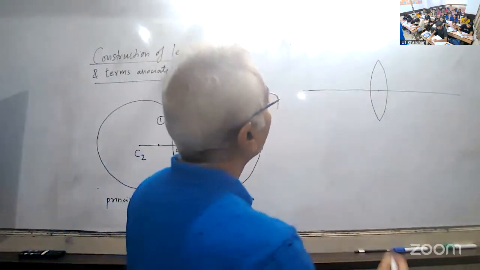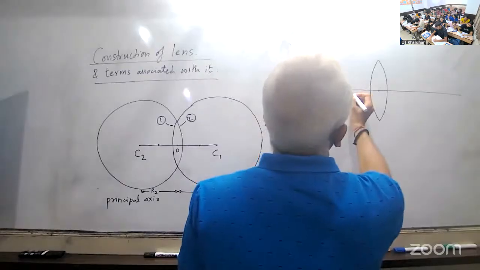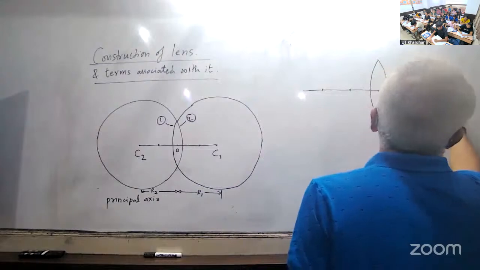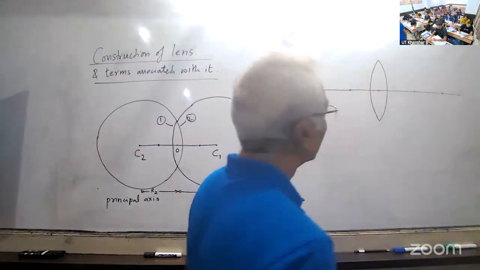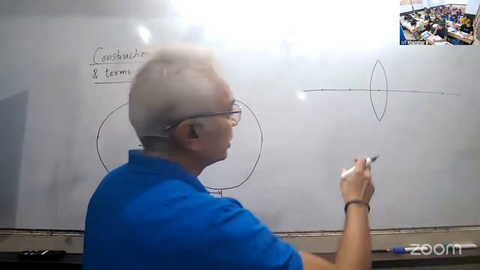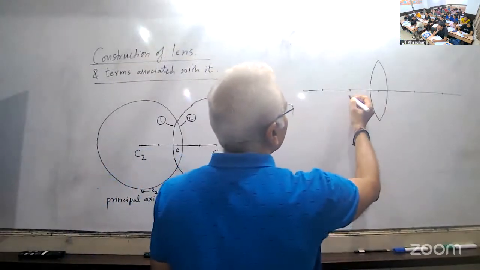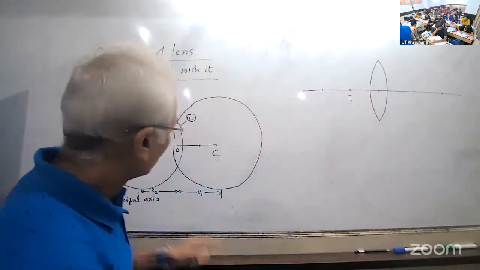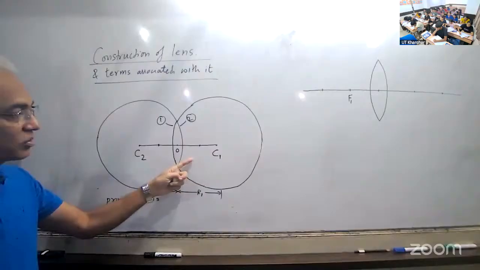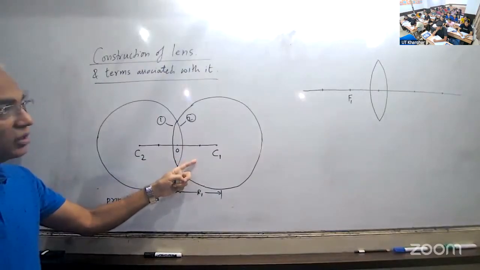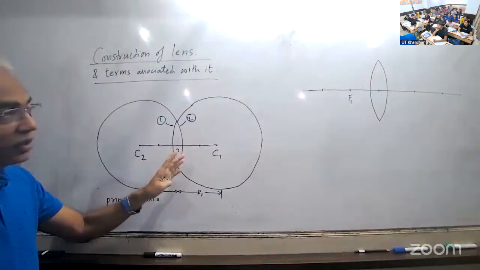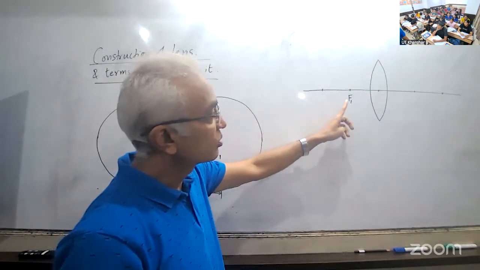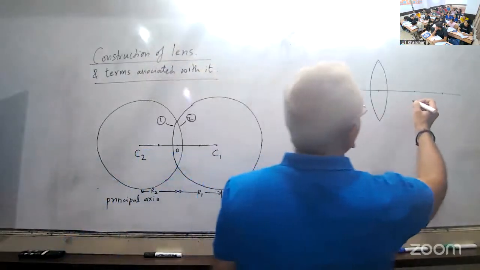Then mark 2 points on the left side, 2 points on the right side. For the convex lens, this is called the first principal focus and this is the second principal focus.